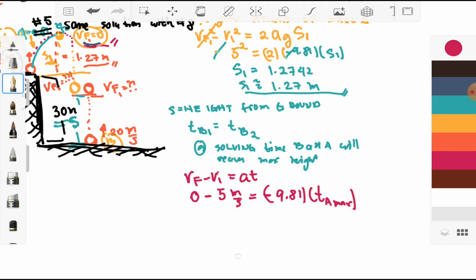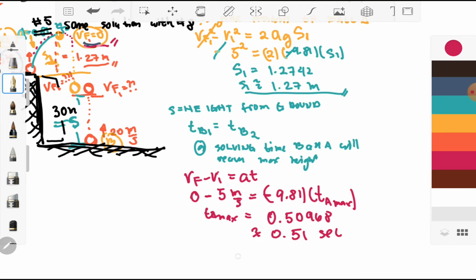So therefore we'll have a value equal to TA max equals negative 5 divided by negative 9.81. So we'll have a value equal to 0.5096, 50968, or simply equal to 0.51 seconds.